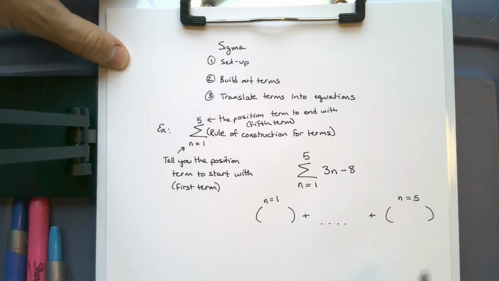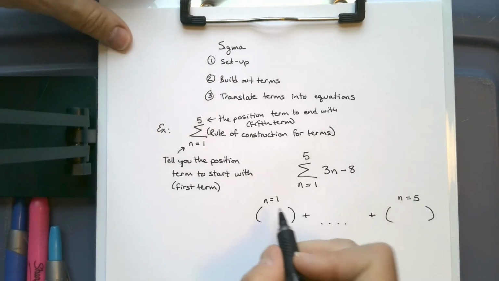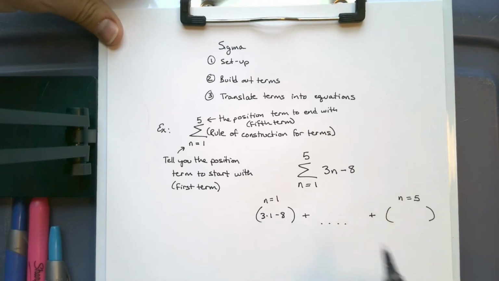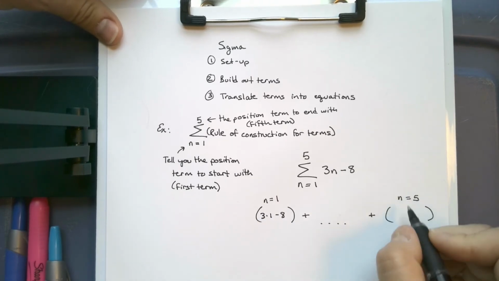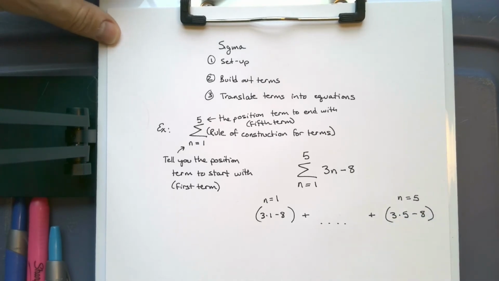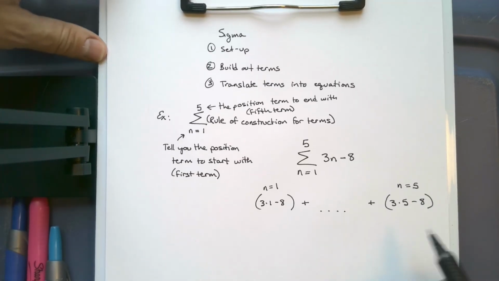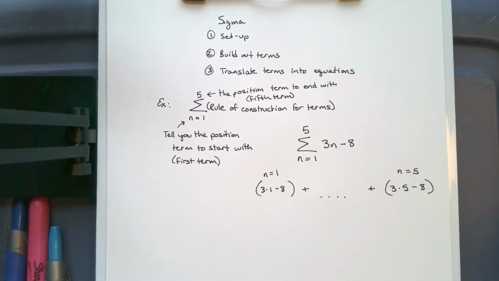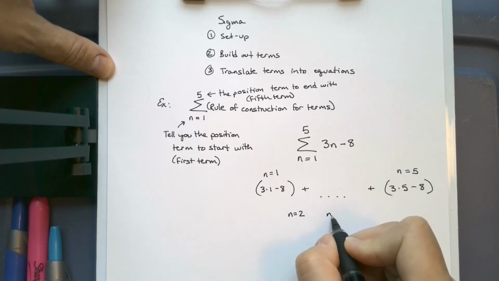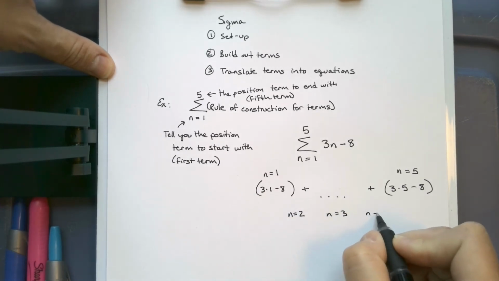So each time I'm going to be plugging in n equals 1, my first term, 3 times 1 minus 8. And then the last term will be 3 times 5 minus 8. And then in the middle, where we don't really have room to fit it, that's where we're going to have n equals 2, n equals 3, n equals 4.